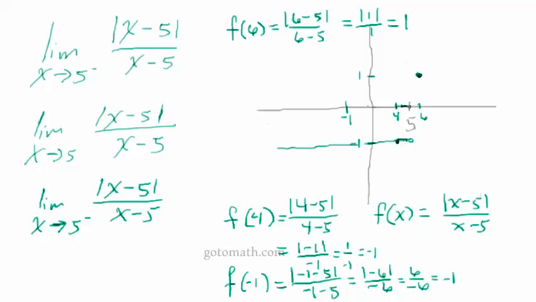Of course if you plugged in 5 into this, like we said earlier, it's undefined. You get 0 over 0. So we're going to put an open hole here, and anything greater than 5 is going to be 1. No matter which number you pick over here, you plug it in, you're going to get 1 out. So this is what our graph looks like right here.